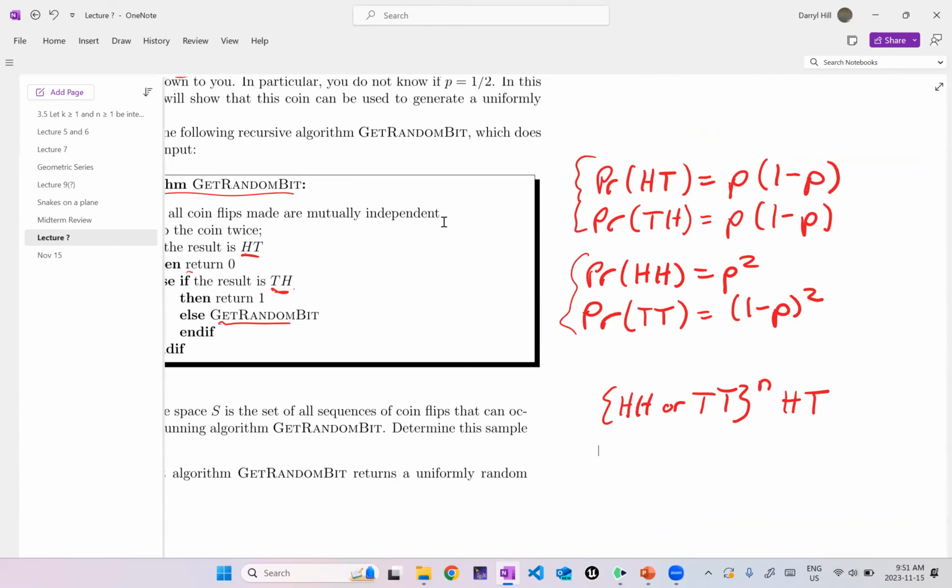So now I want the probability of these things. Well, the probability that I flip heads heads or tails tails. Heads heads is P squared, tails tails is (1 minus P) squared. These are disjoint, so I'm going to use the sum rule.